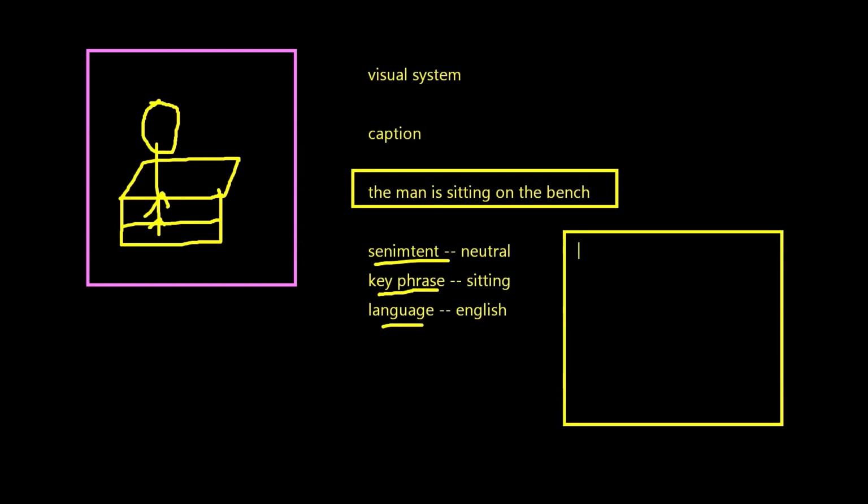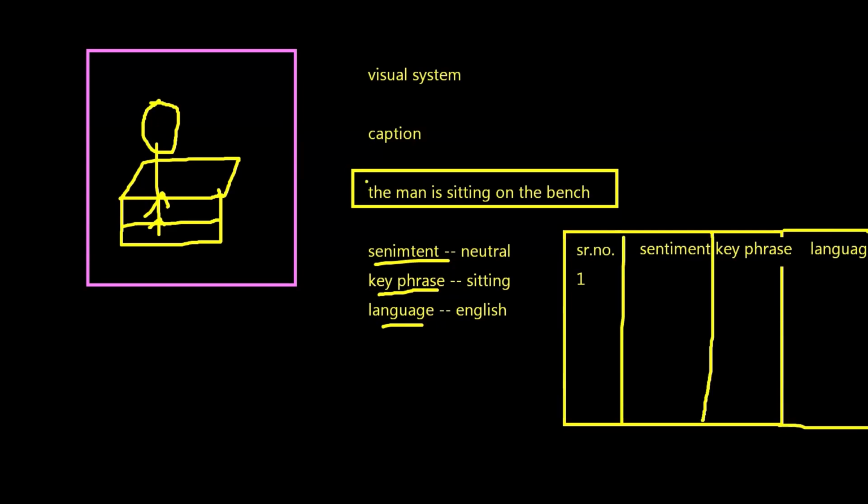If I put it this way, I have the serial number of the image, say one, then sentiment, then key phrase, then language.